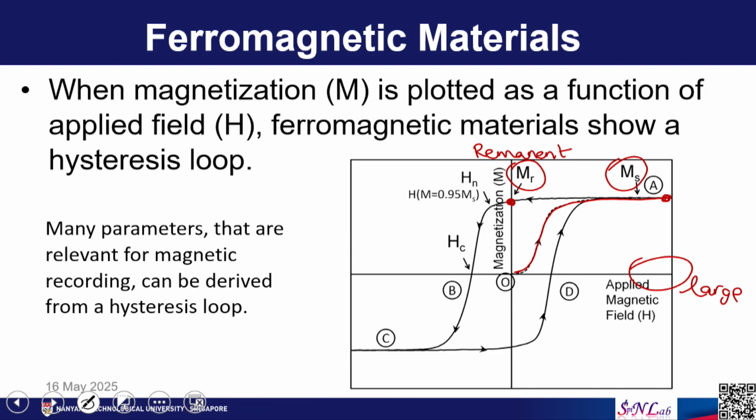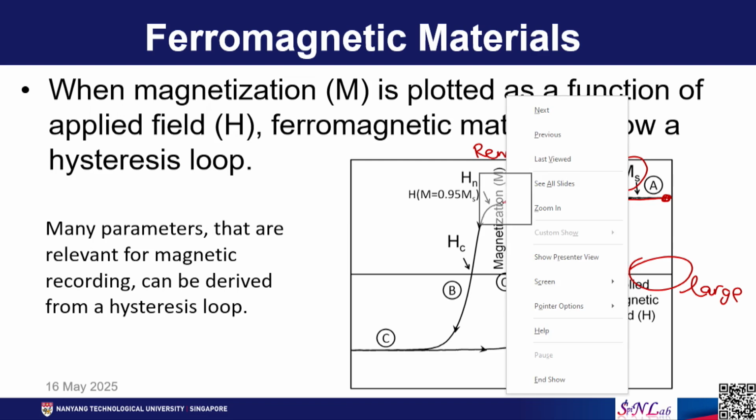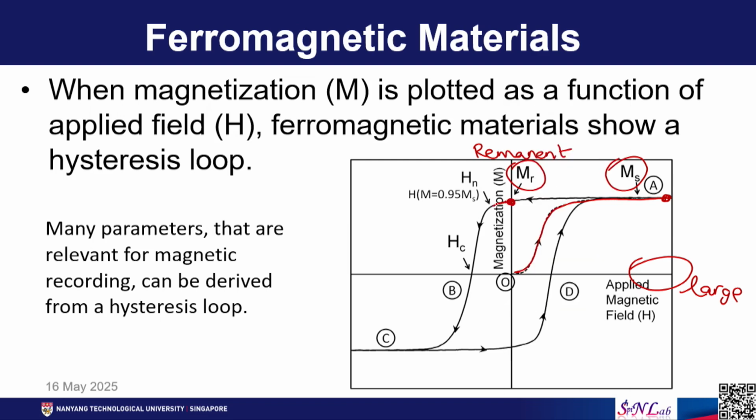Then let us say you change the direction of the magnetic field, you are now changing the magnetic field in the other direction. So at some point of time, the magnetization becomes 0. When you see a hysteresis loop, it has 4 quadrants. This is typically 0, 0, meaning the magnetization is 0 and the magnetic field is 0.